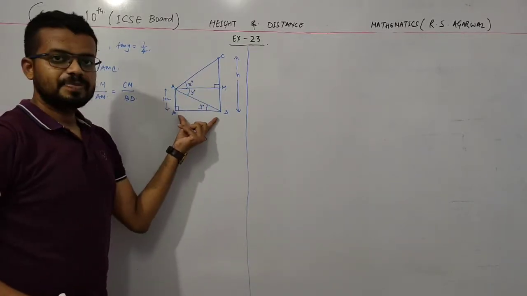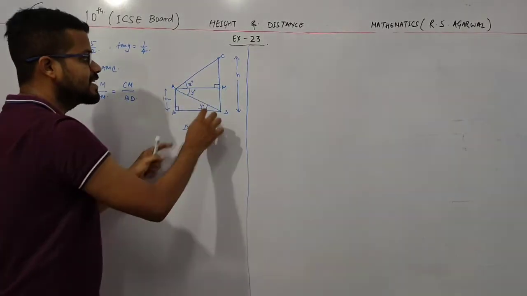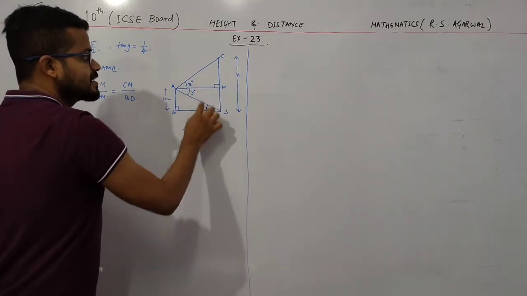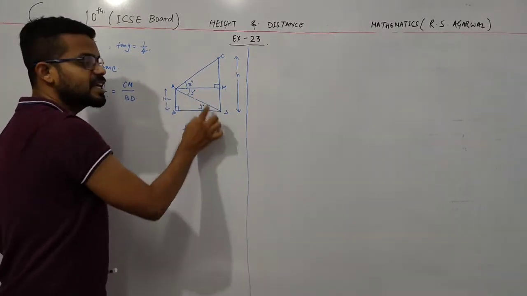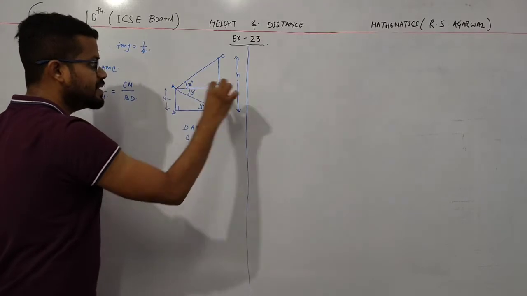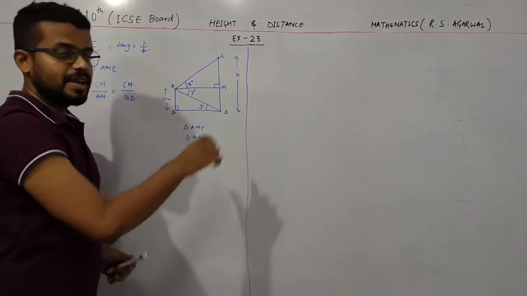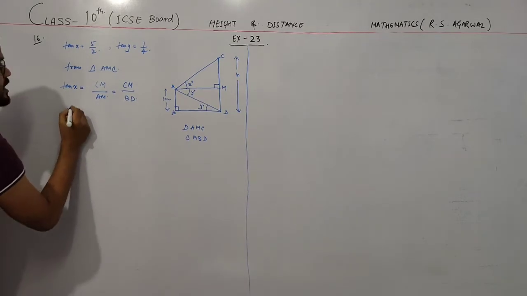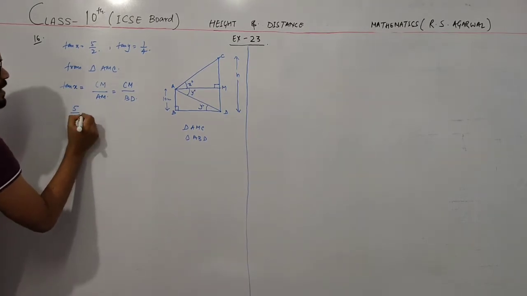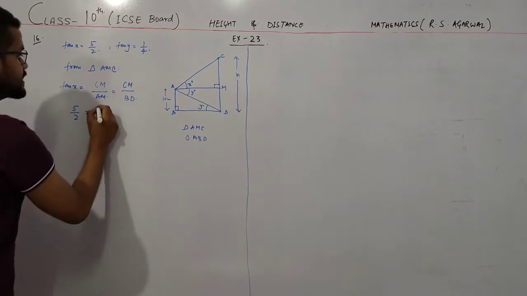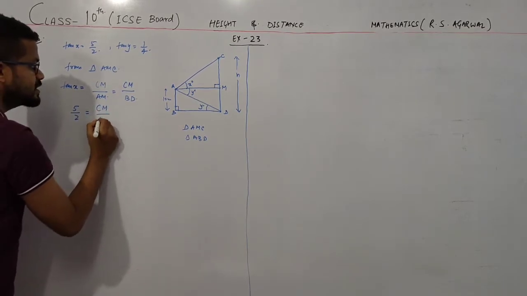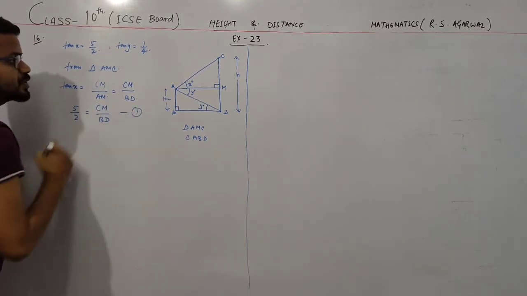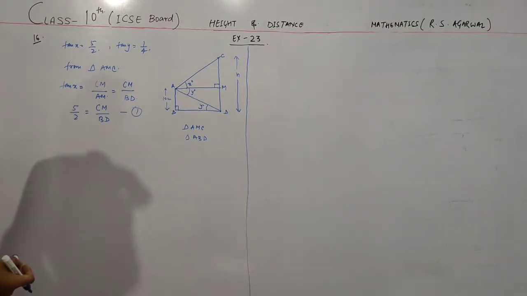AM and BD are the same, and AB and MD are also the same. So tan x is 5 by 2, which is CM by BD. This is equation number 1.